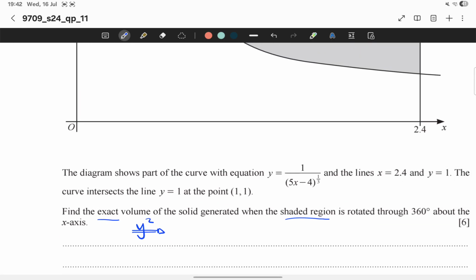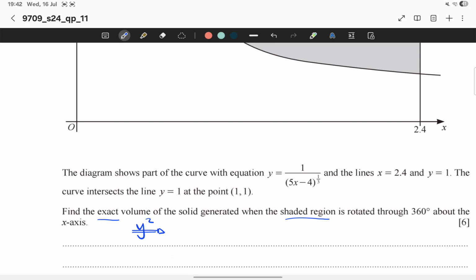If they say it was rotated 360 degrees about the y-axis, we would be integrating terms in x squared.